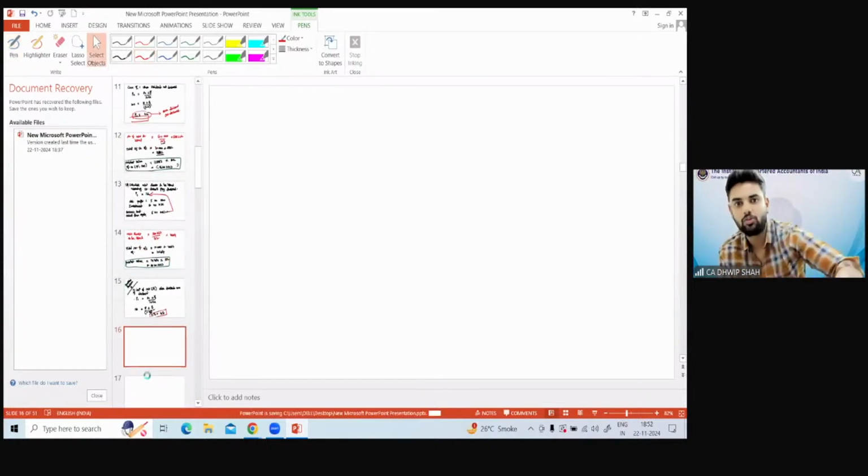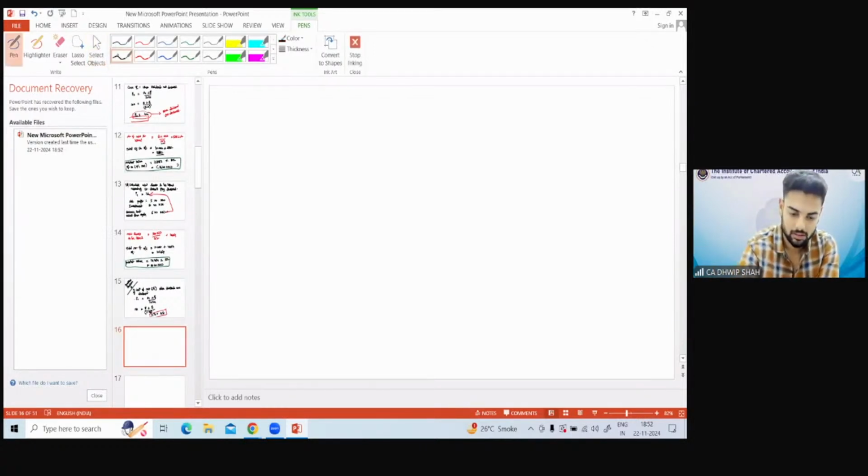Now let's move to the second scenario. What does the second scenario ask? Sorry, it is 1B, not 2B.